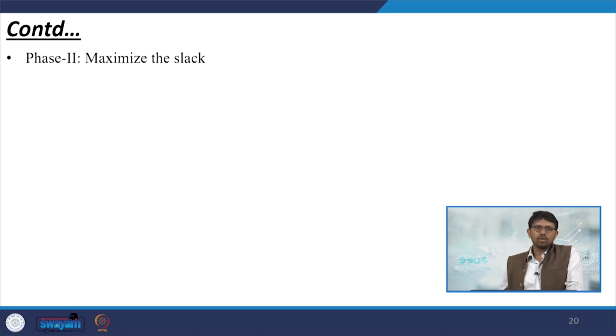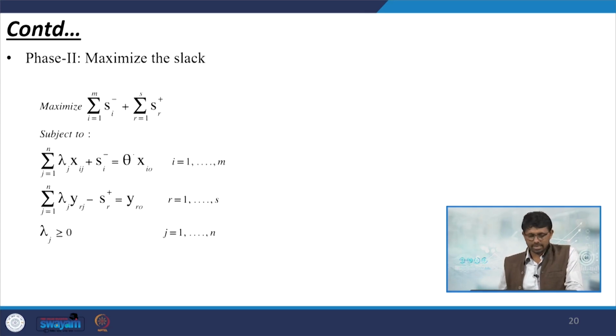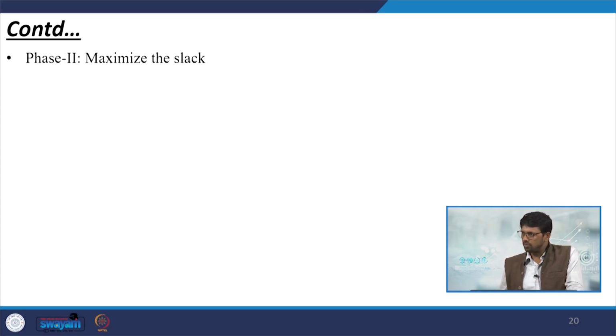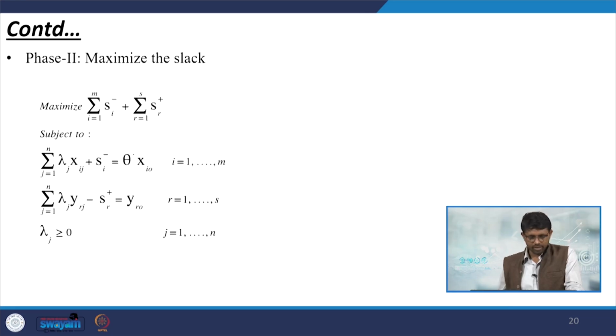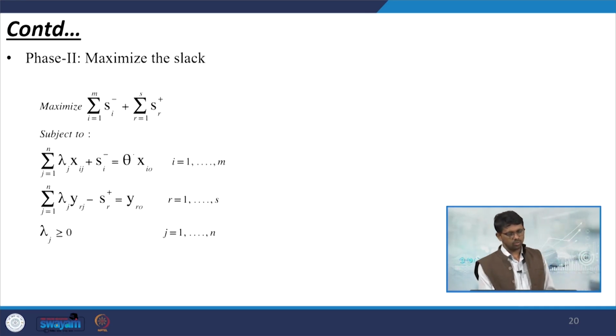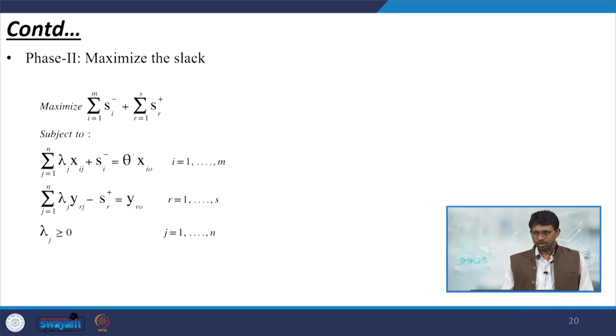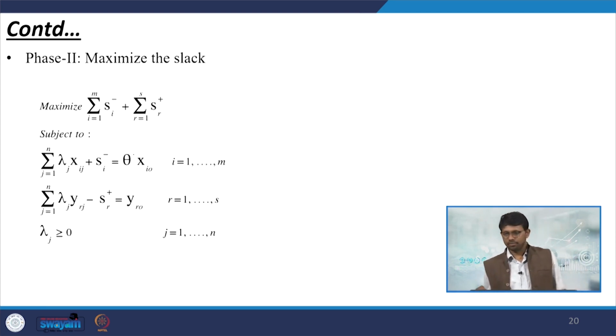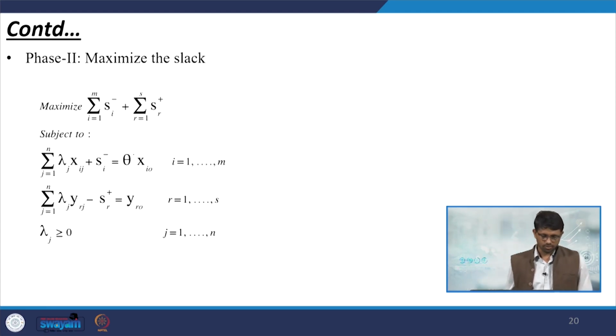In the second stage, as I already mentioned, we will maximize the slack. The first one is the basic envelopment form. The second one is maximizing the slack, with respect to slack positive and slack negative, for the ith unit, and we can also check for the rth unit. For the ith unit of inputs we already mentioned, slack might be in terms of inputs and slack might be in terms of output.